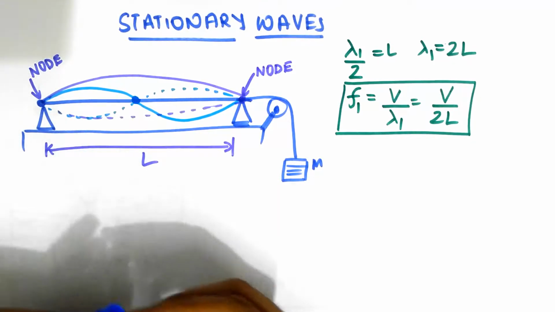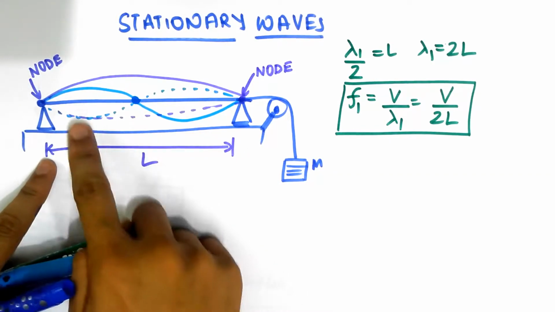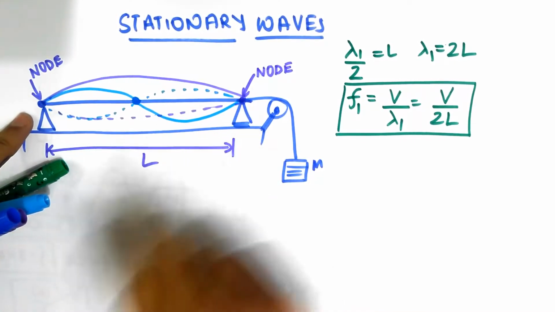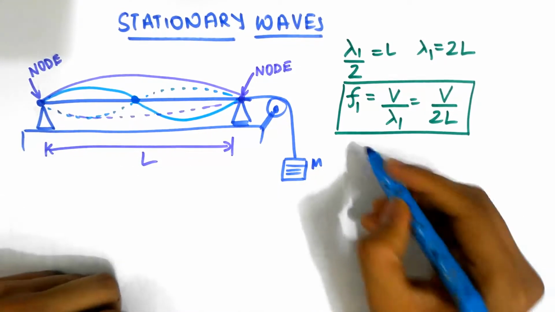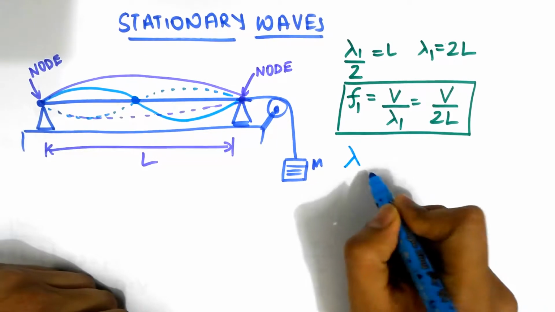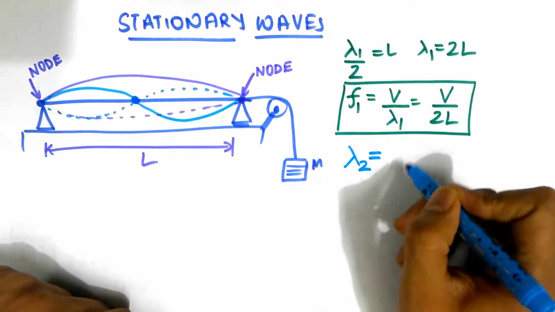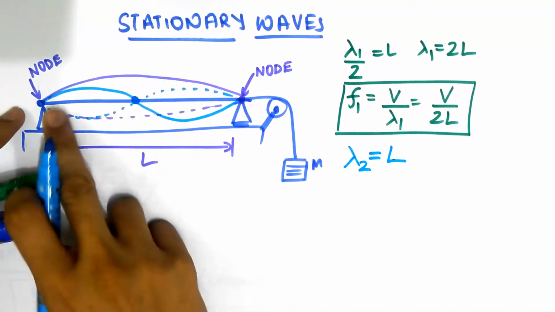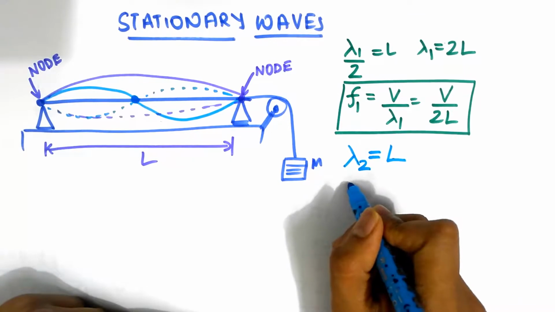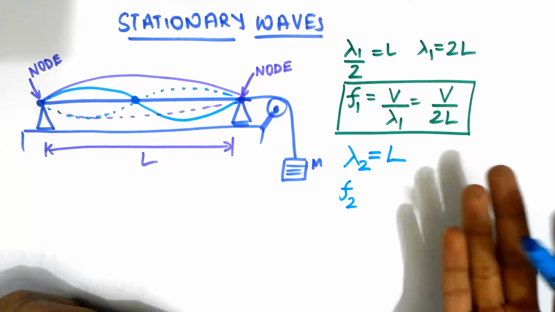That wave would have a new wavelength, and notice that the new wavelength of this wave is exactly equal to L. So I'm going to use lambda 2. I hope you can see it properly. Okay, and that is exactly equal to L. So what's the new frequency? What's the frequency of this wave? Well, that frequency will be a little higher because the wavelength is a little shorter.